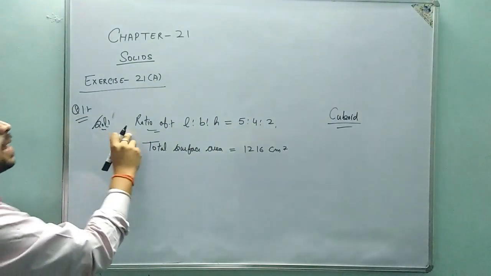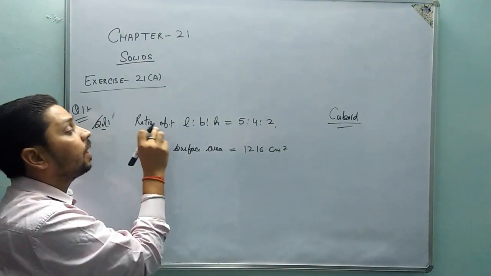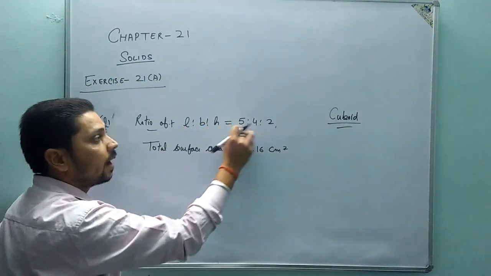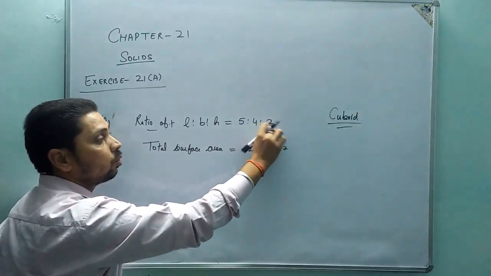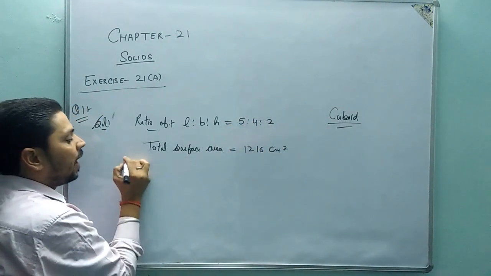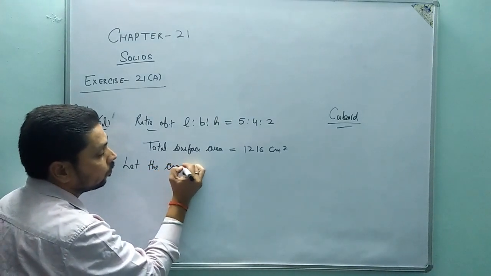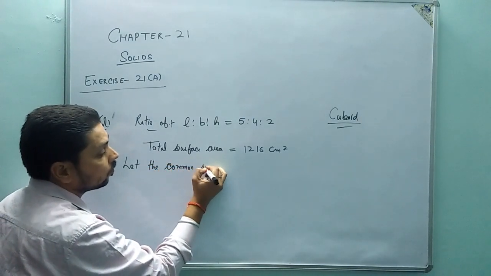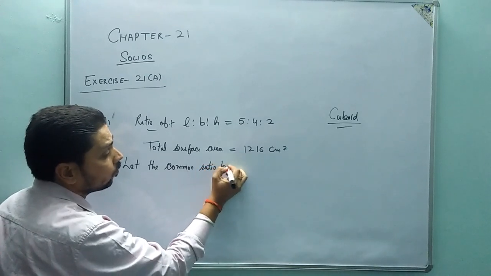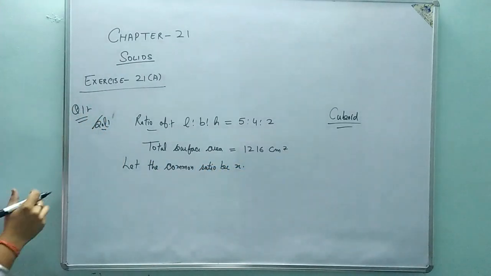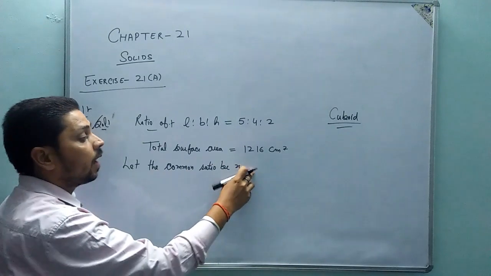Now, the ratio of length, breadth, height is 5:4:2. So let the common ratio be x.